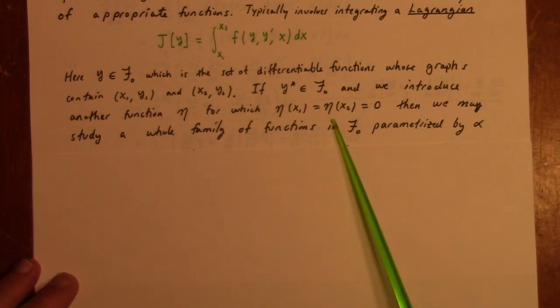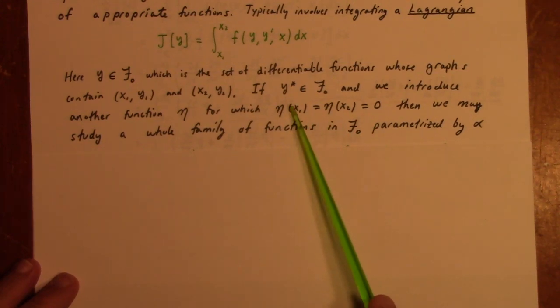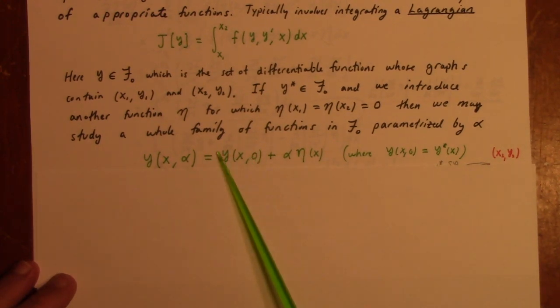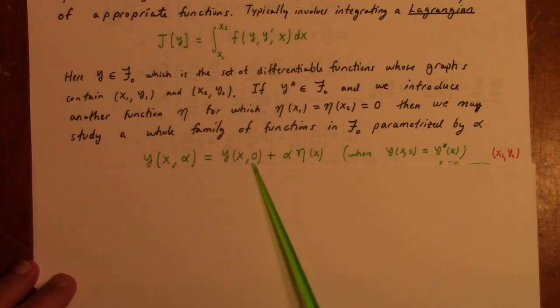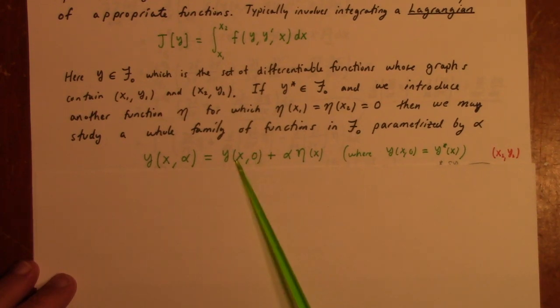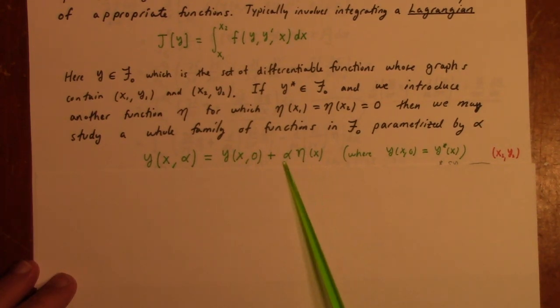And using this eta, we can build a parametric family, y of x comma alpha. So I'm going to call y star y of x, 0. So alpha equal to 0 will be the given y star, and alpha times eta gives you a function who's also going through the graph.